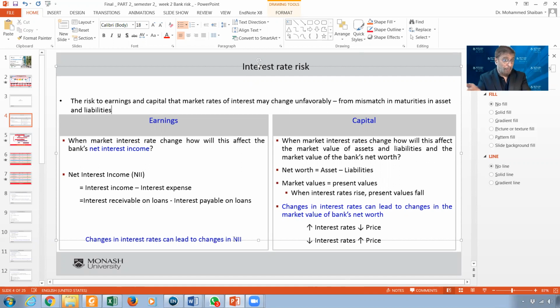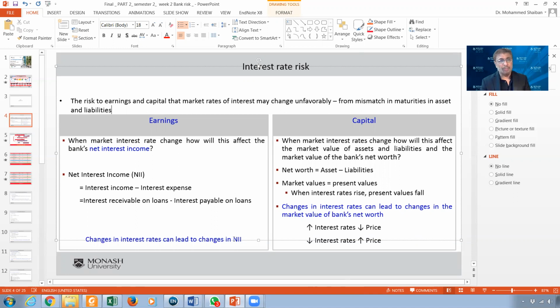At the end of the day, I'm paying more than what I'm getting. The net impact on the income statement, or what we call the net interest income, will represent losses. And this is what we call the impact on the net interest income and the risk to the earnings. So our earnings will decrease.